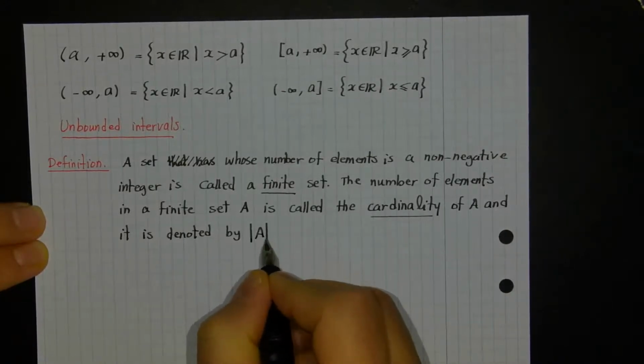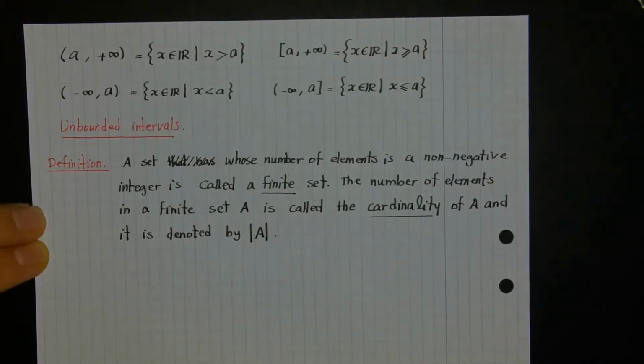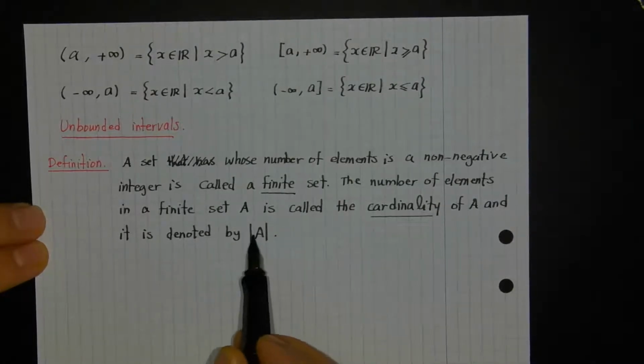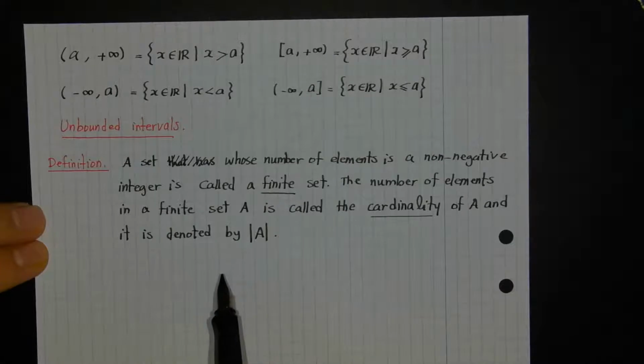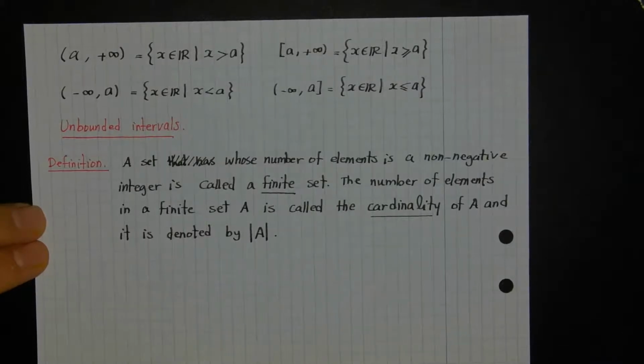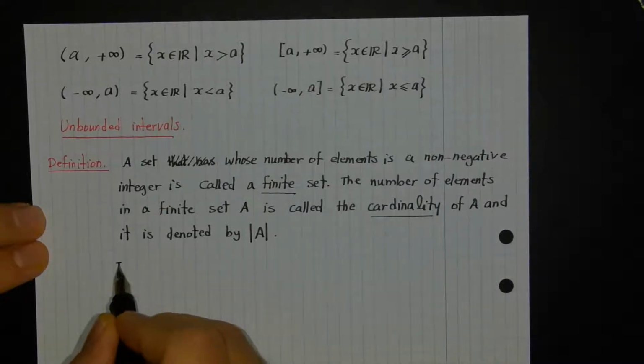But this is not confusing, because when you say absolute value, you expect to have a real number inside. But if you have the same symbol and inside it you have a set, this means you are referring to the cardinality of that set, which means the number of elements inside your set.